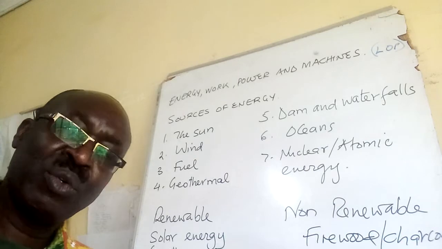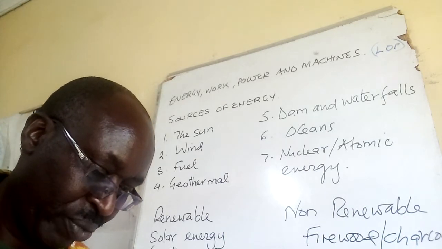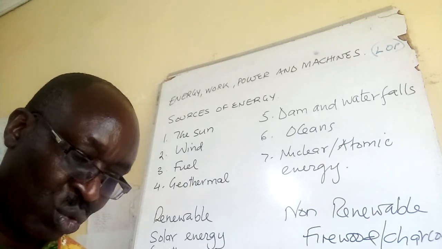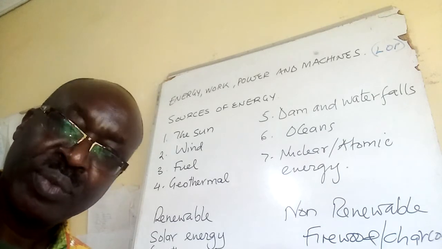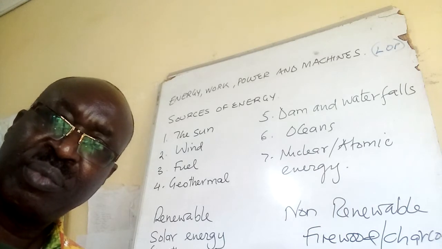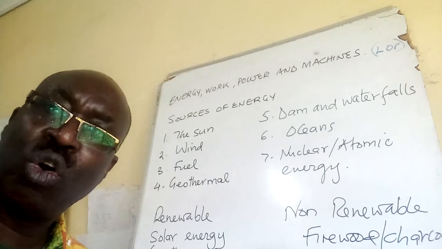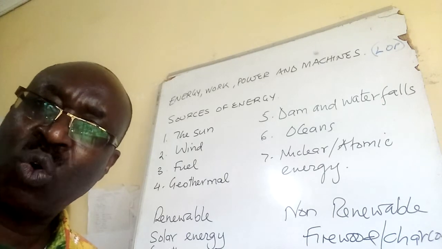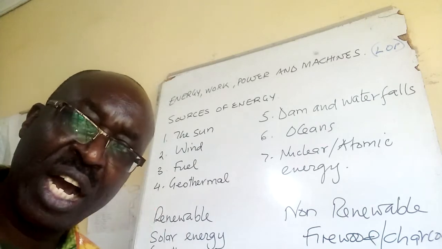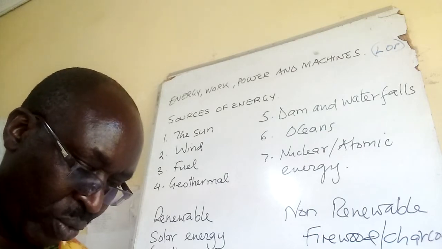So this is underground water exposed to a large amount of internal heat, turning water into steam. Because of the high pressure inside there and low pressure on the surface, the water gushes out through those openings. So that is what we call geothermal.